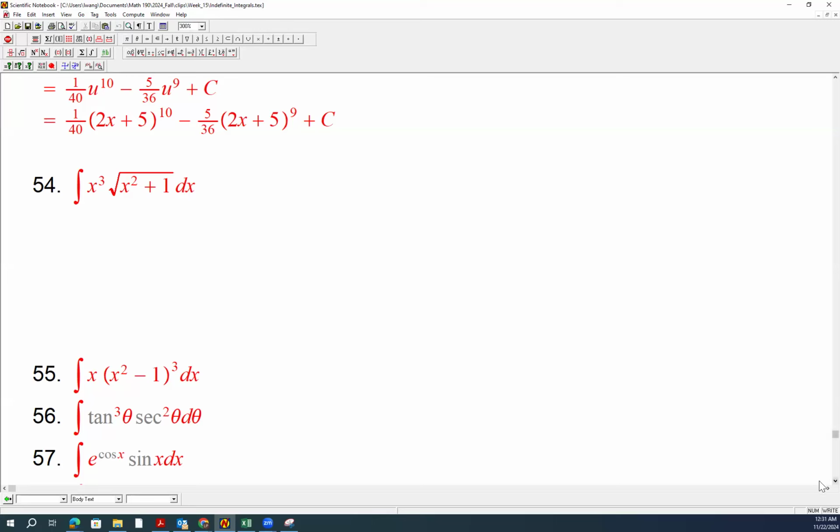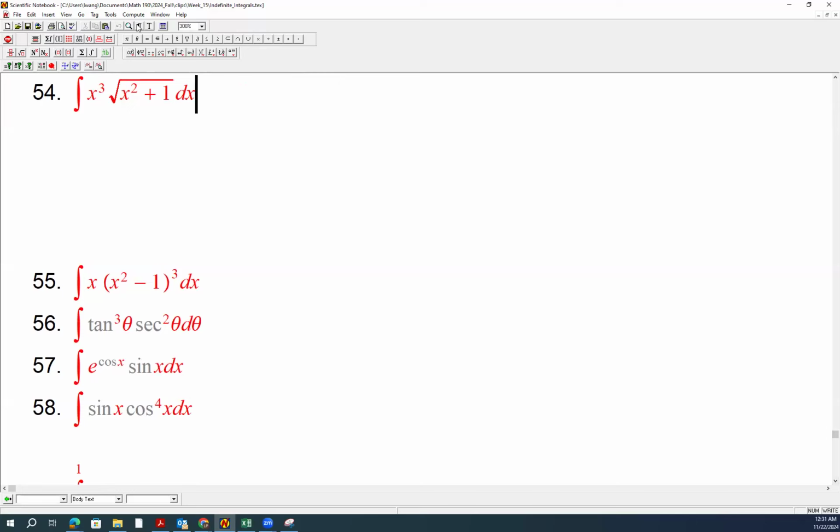Now we have a little more complexity. Obviously the u is going to be x squared plus 1, so du equals 2x dx.